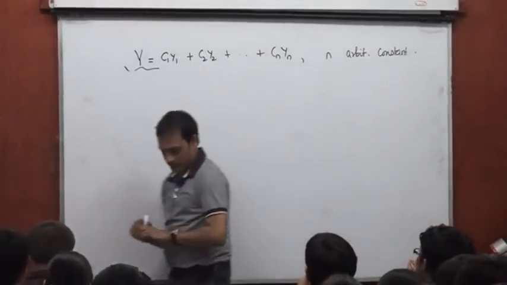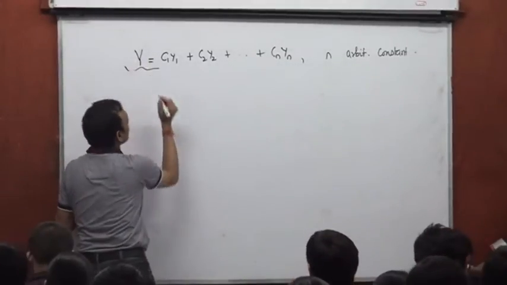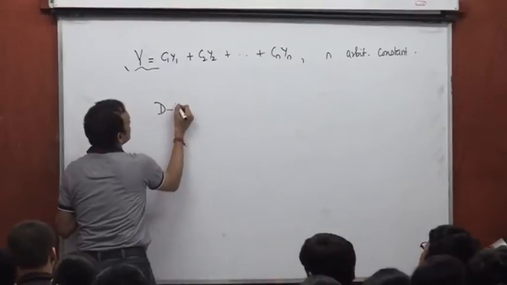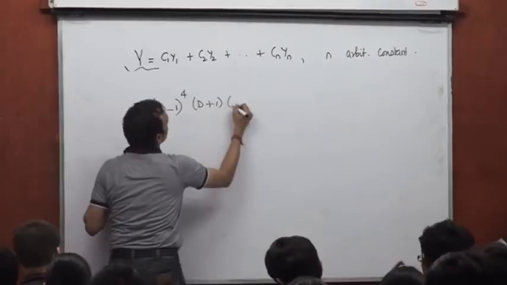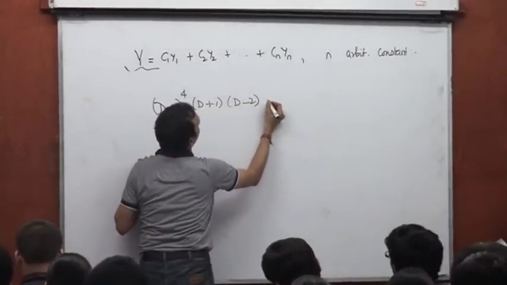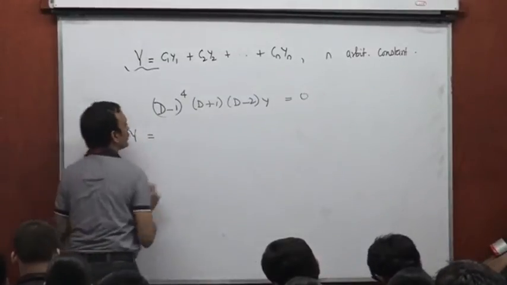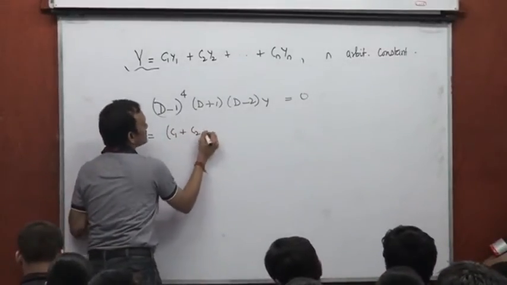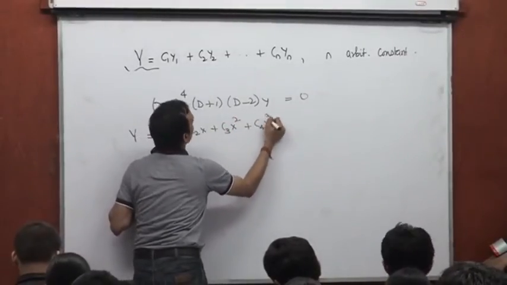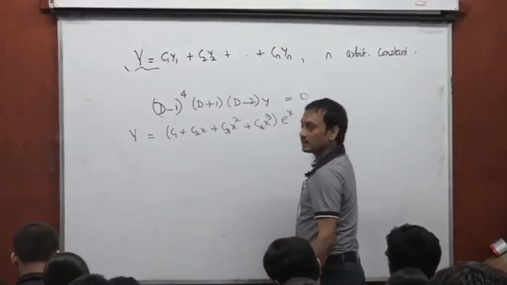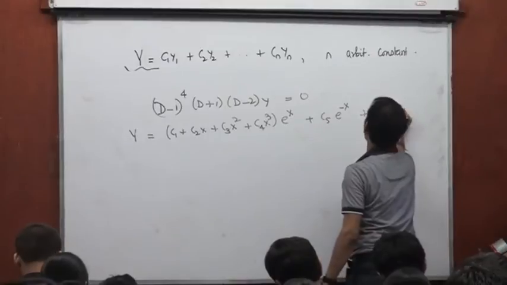So now if I said (D − 1)⁴(D + 1)(D − 2) acting on y equal to 0, if I had to write the general solution to this differential equation, it's going to be (C1 + C2x + C3x² + C4x³)e^x plus C5 e^(−x) plus C6 e^(2x).